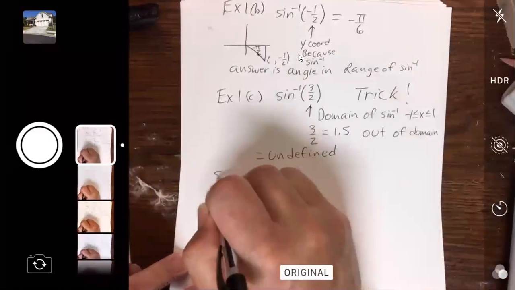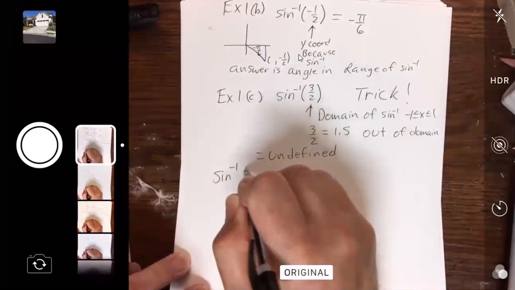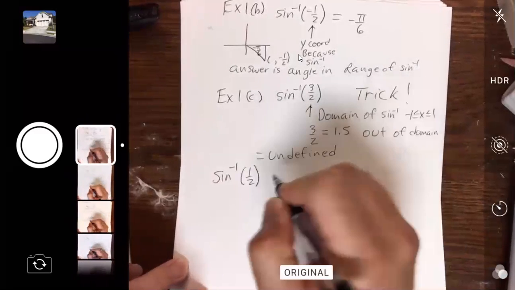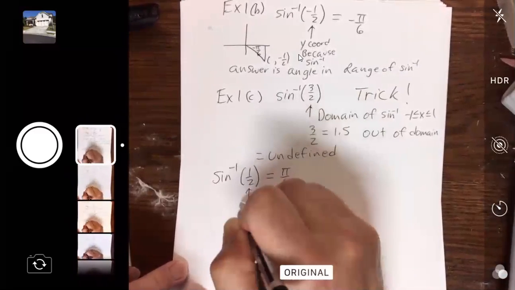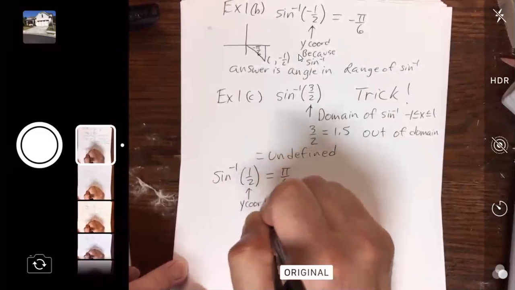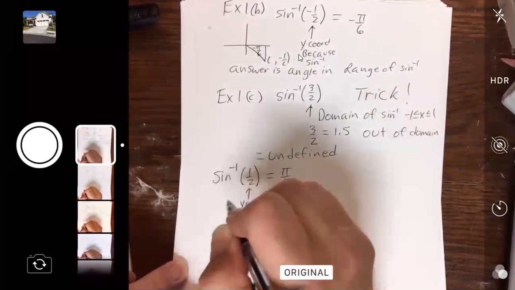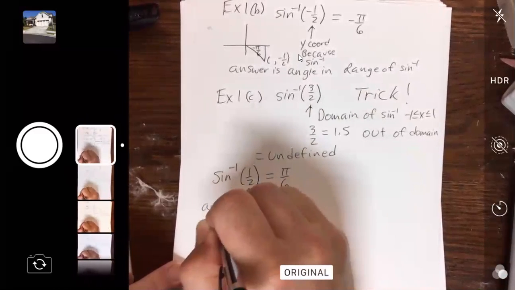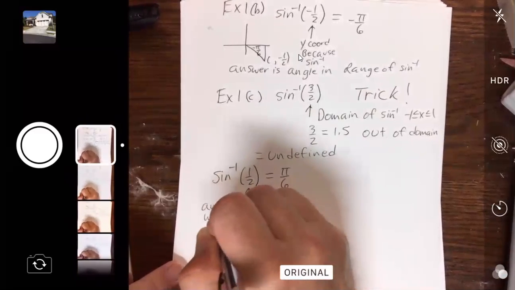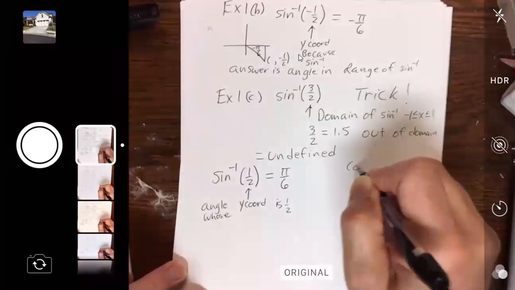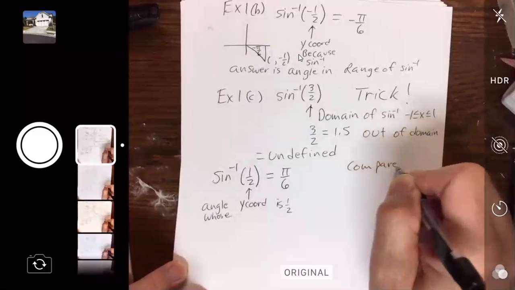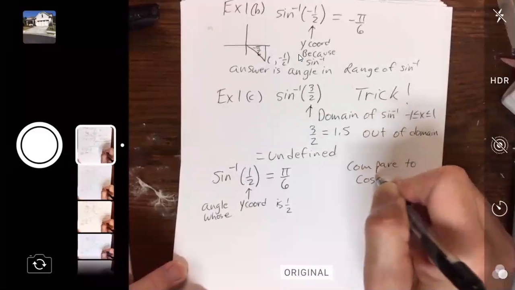Just compare. We said arcsine of 1/2 was pi/6. You're looking for the angle whose y coordinate is 1/2. Just compare to arc cosine.